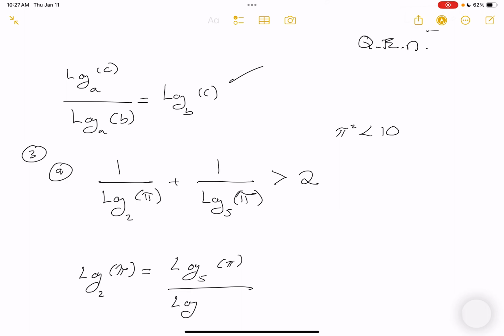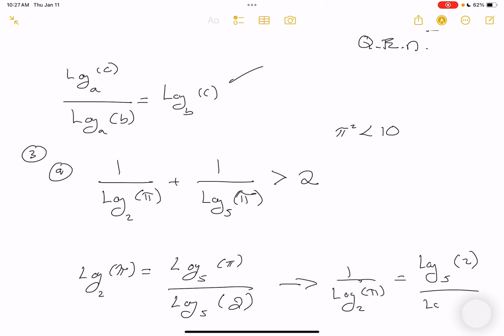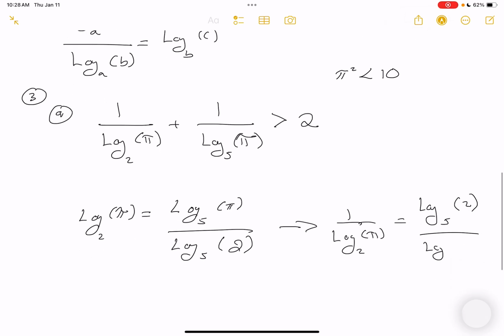So I could probably rewrite that term now: 1 over log base 2 of pi would be the same thing as log base 5 of 2 over log base 5 of pi.